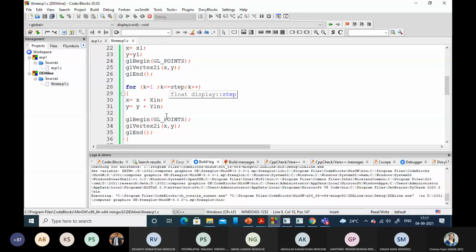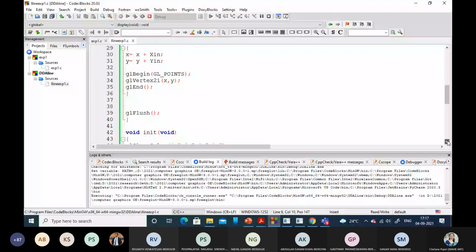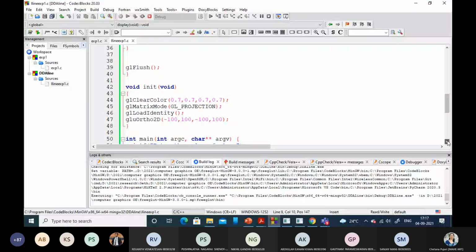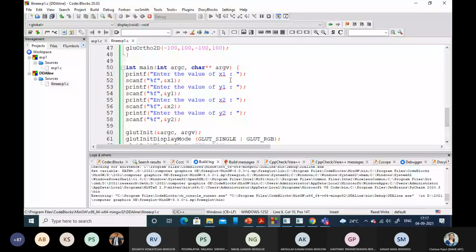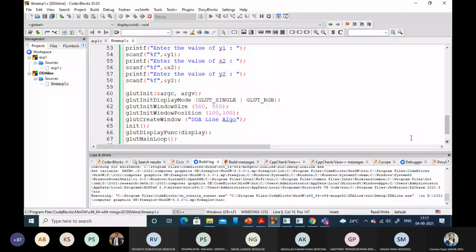So this is the logic for your line drawing algorithm. The initial points we fetch from the user, hence we use printf and scanf, wherein you give the initial values of x1, y1 and x2, y2, and it is displayed onto the screen. I executed this using Code::Blocks and the OpenGL library.